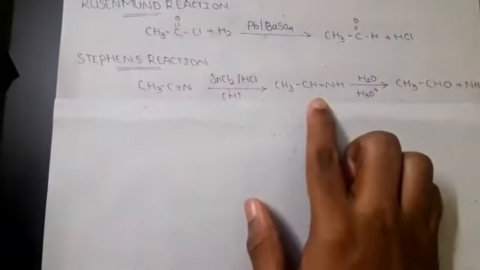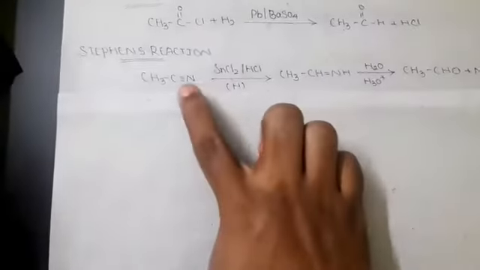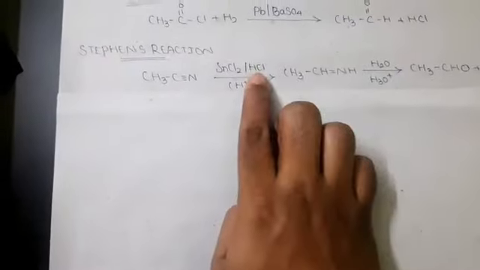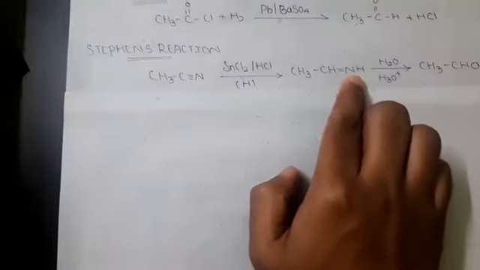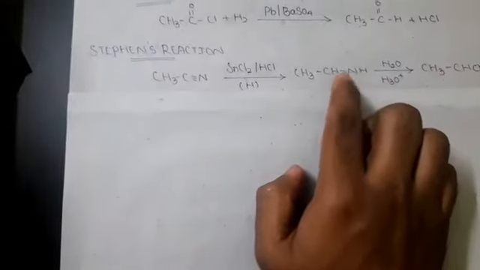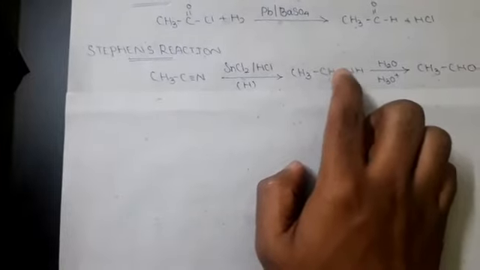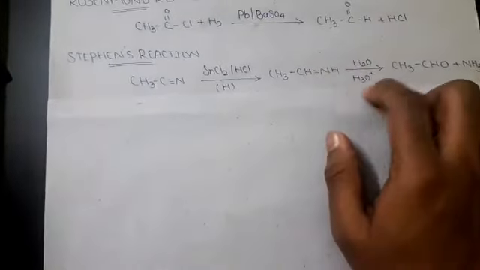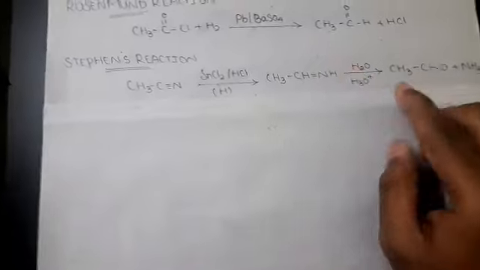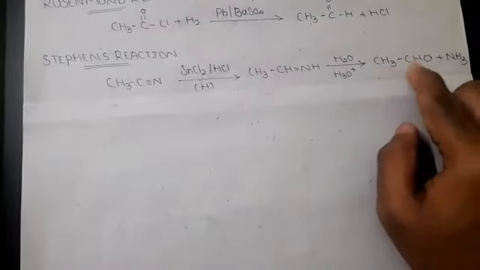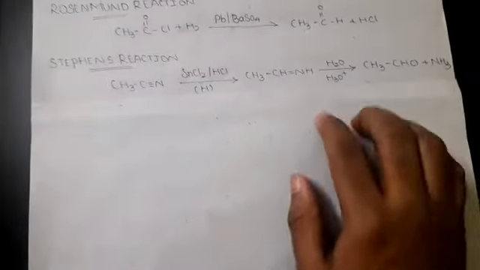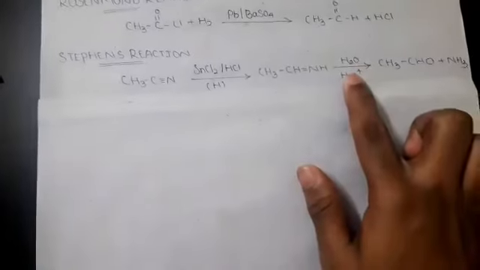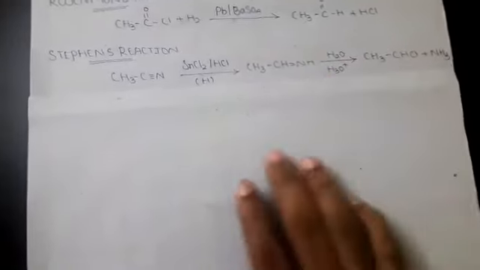That gives CH3CH=NH, the hydrogen goes and attaches here, and another hydrogen attaches to nitrogen. So the bond becomes a single bond, and hydrolysis takes place and gives CH3CHO plus NH3. This is called the Stephen reaction. That is, cyanides are converted into aldehydes.